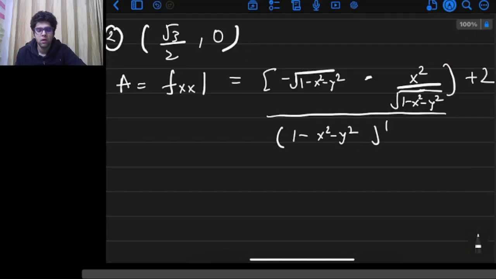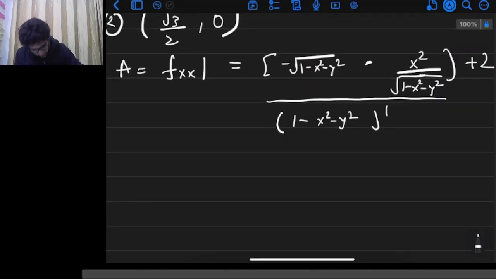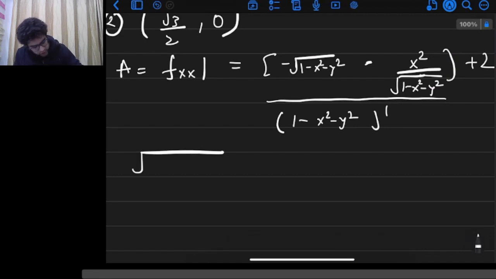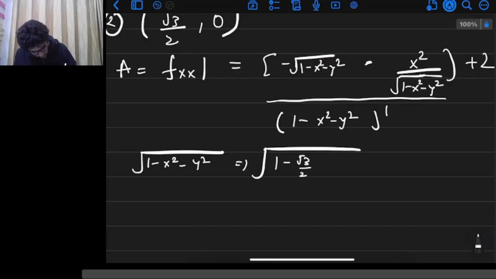Now let me check for the second stationary point. This was our expression of A. Let me substitute (root 3 by 2, 0) here. If I find the value of 1 minus x square minus y square, substituting root 3 by 2, the square of this is 3 by 4, minus 0.